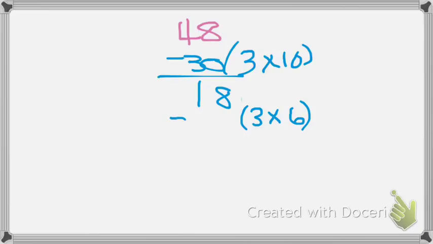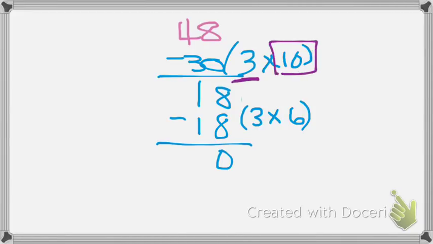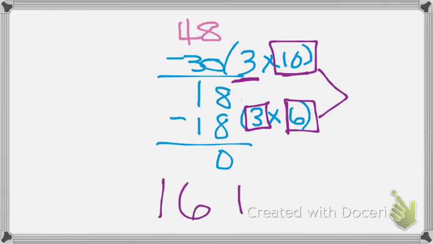So I'm going to subtract 18 and end up at 0. Now I take a look at how many times I subtracted. I subtracted 3 ten times up here, and this time I subtracted 3 six times. So I add up these two numbers I boxed in. 10 plus 6 would be 16 times.